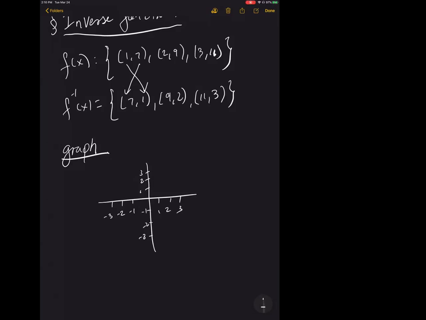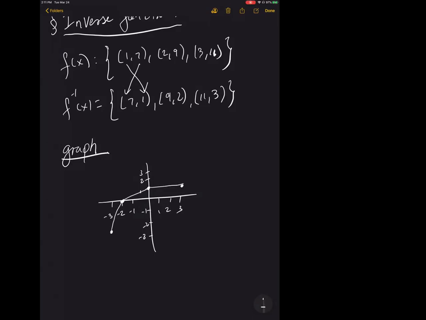So let's say I have a graph that goes through -3, 2, -2, 0, 0, 1, and 3, 1 right here. I'm asked to find the inverse of this graph.